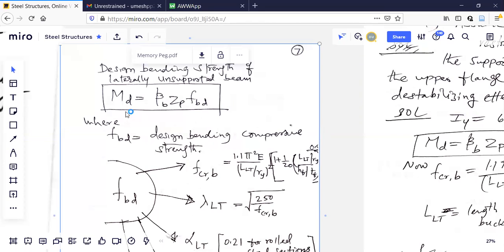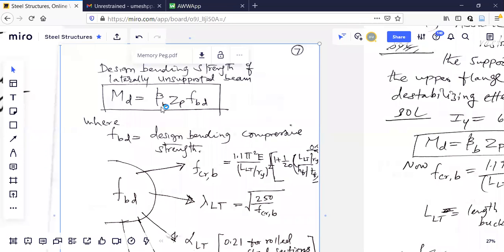If you look at this formula, it is beta b Zp into fbd, where fbd is design bending compressive strength when the beam is laterally unsupported. Rest all is same.